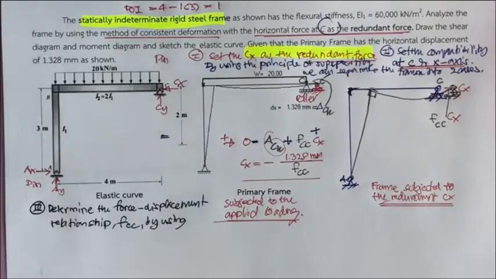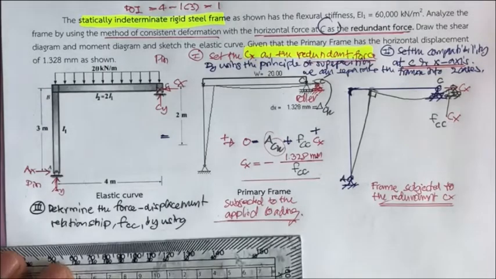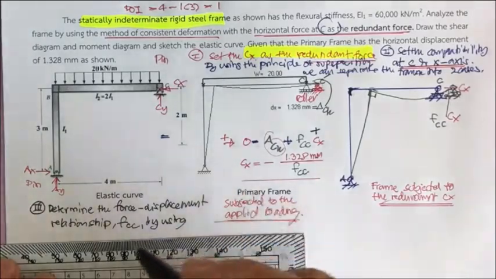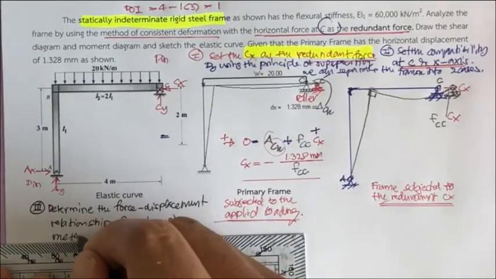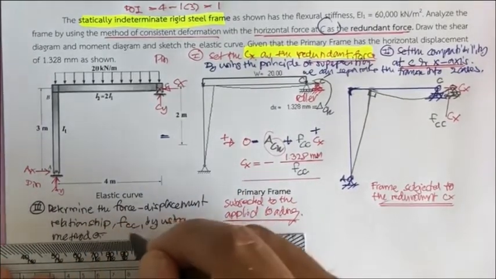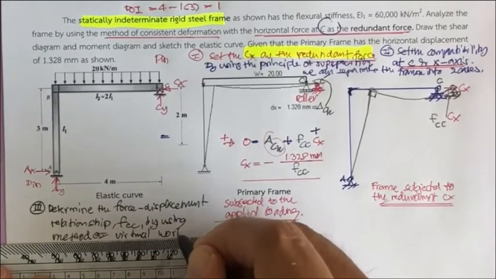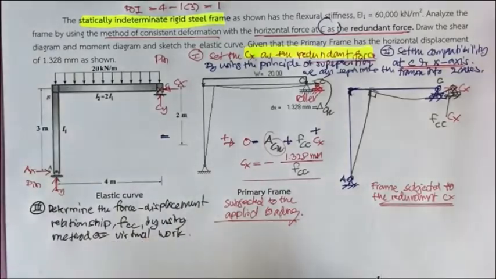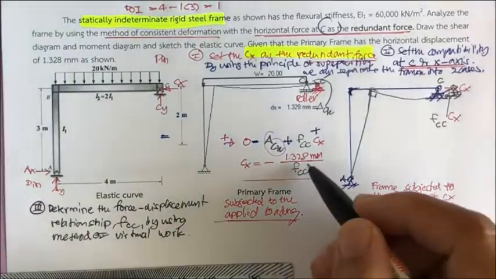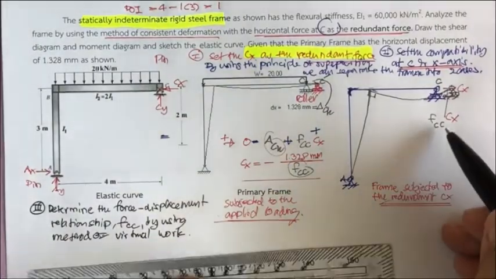We have the unit load method or the method of virtual work, and we also have the Castigliano theorem, but most of the time we use the method of virtual work, or the other name, the unit load method. And we can see now only this one, so we come to here.